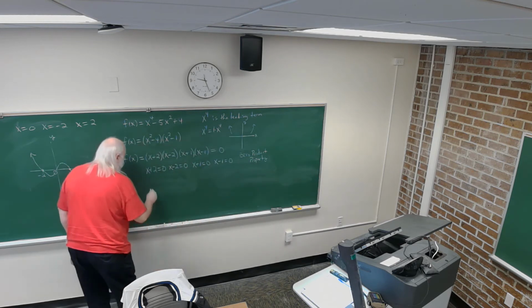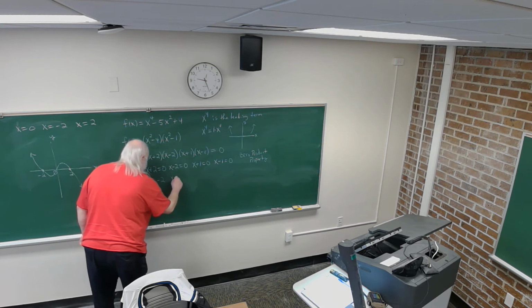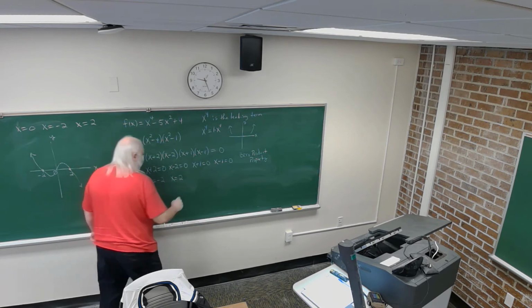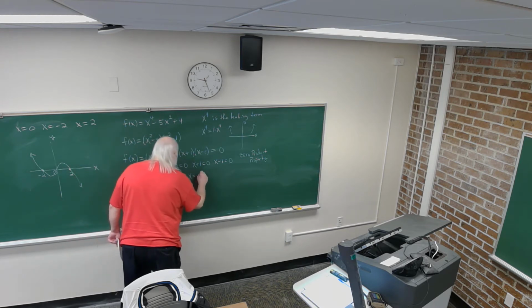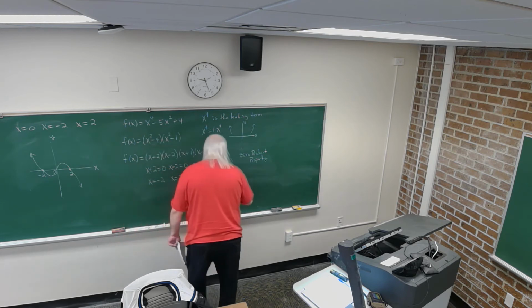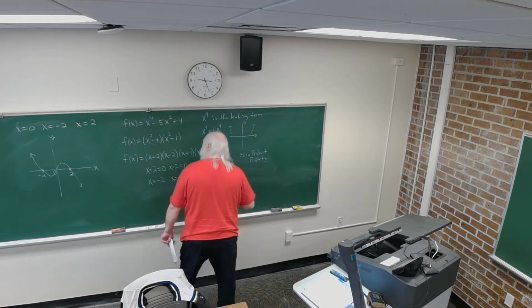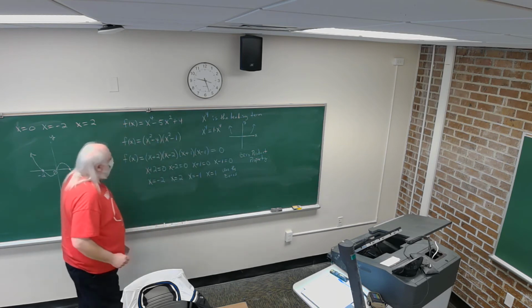So solving each equation, we get x equals minus 2, x equals 2, x equals minus 1, and x equals 1 are the zeros for this polynomial function.